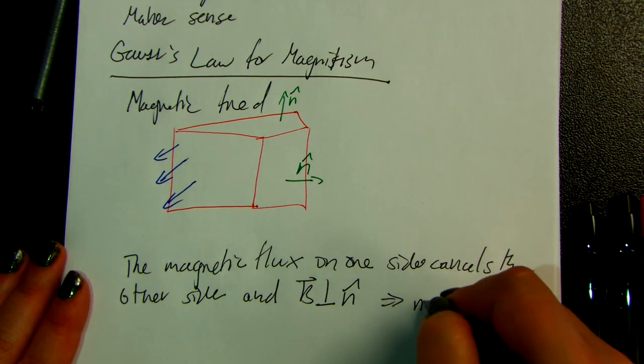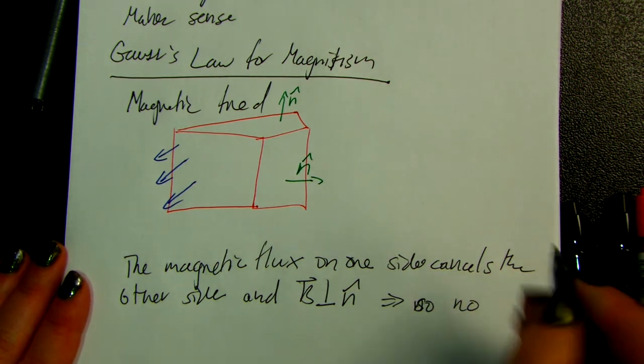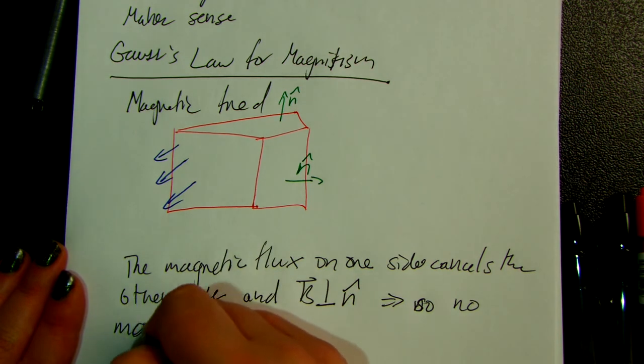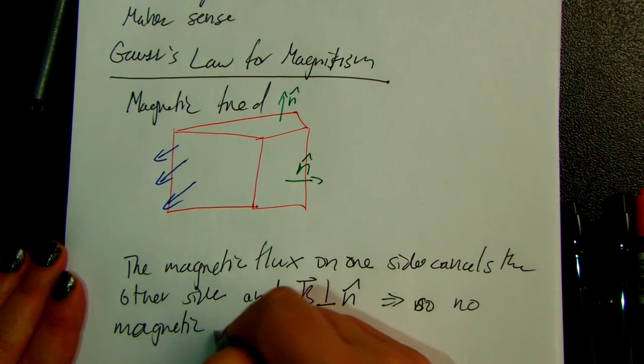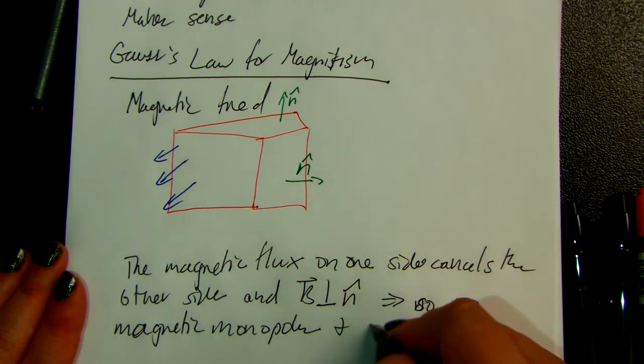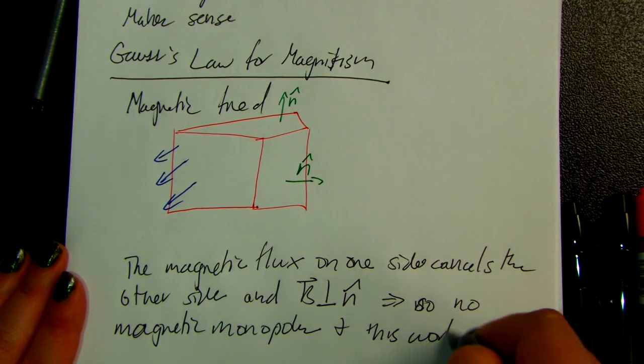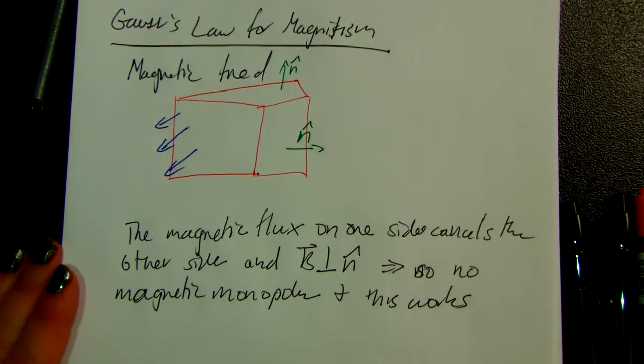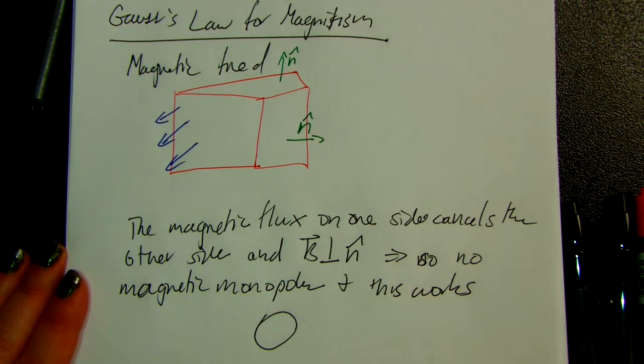So no magnetic monopoles. And this works. You get the desired result, which is a big fat 0.